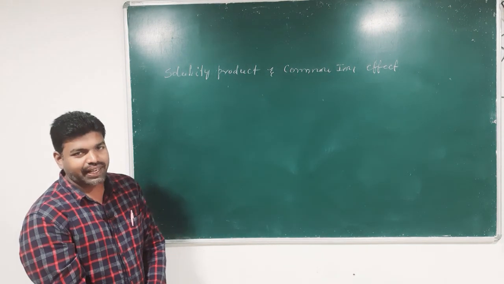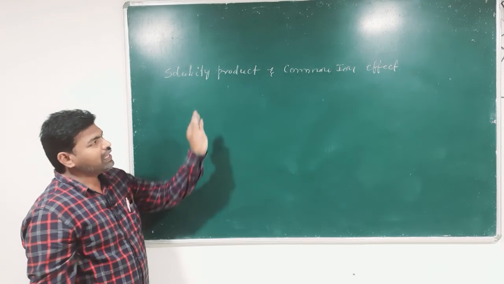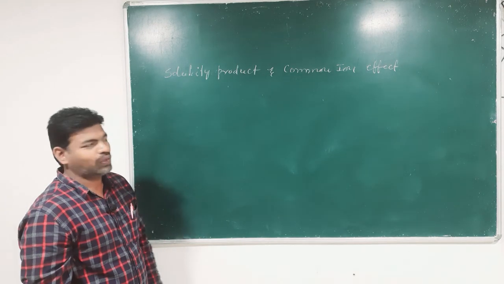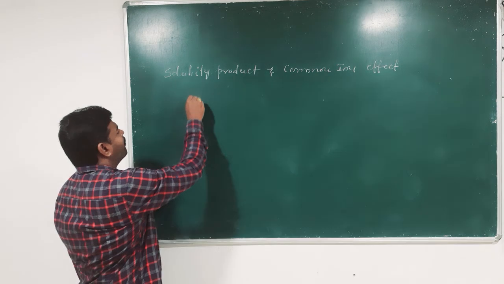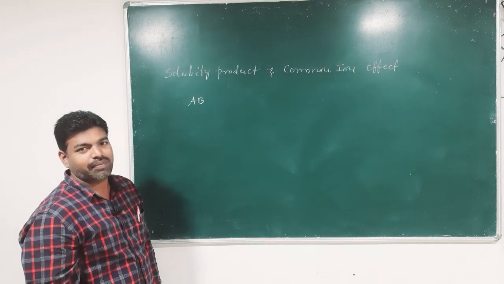Okay. Next concept is common ion effect. To understand the common ion effect, let us consider the weak electrolyte of type AB and its dissociation.